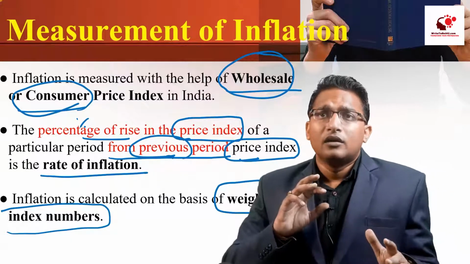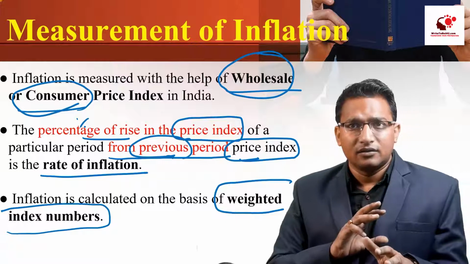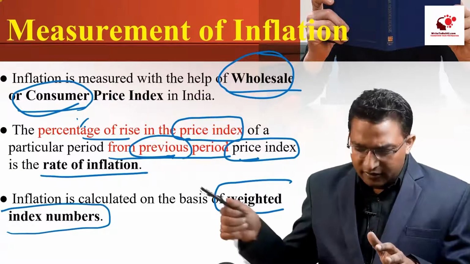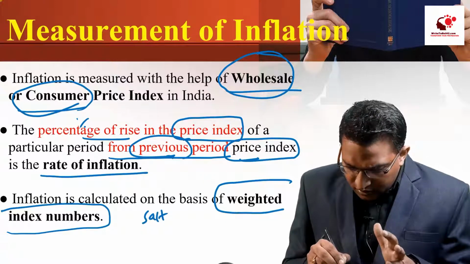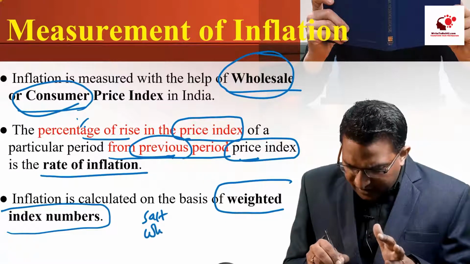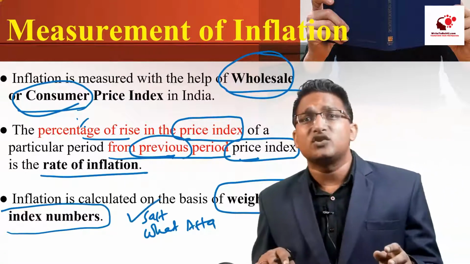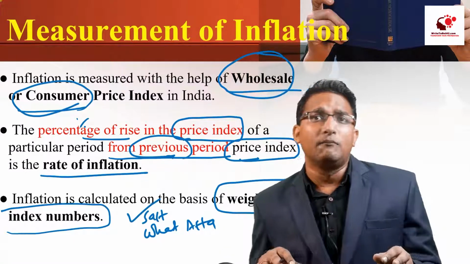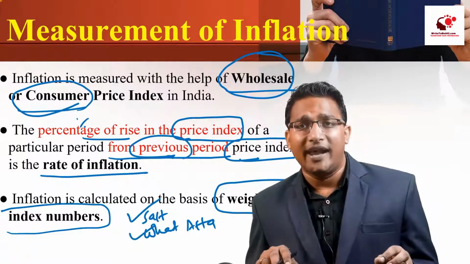Now, each of the items may not be equally important. So, for example, we take salt, we take maybe wheat atta. Do you think the change in price of salt will have an equal impact as the change in the price of wheat atta?